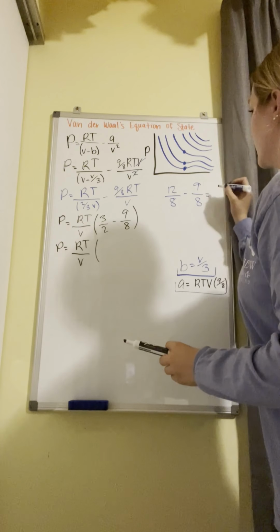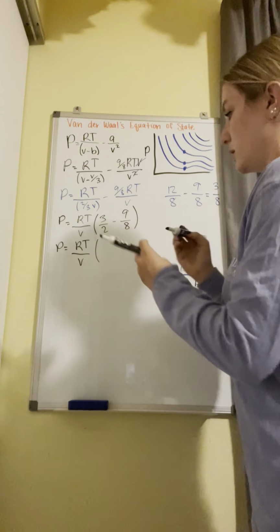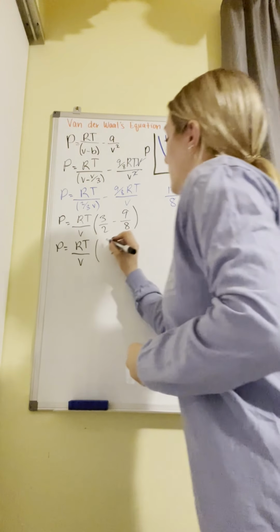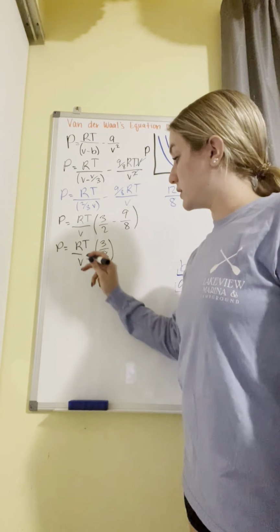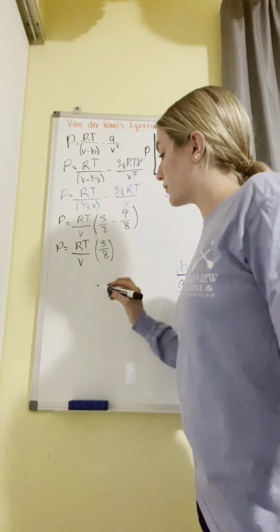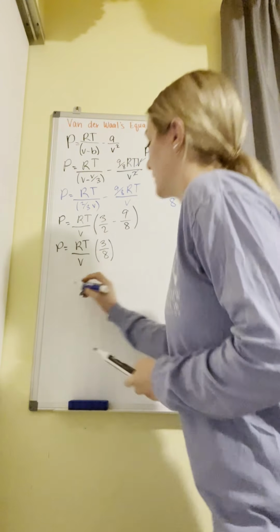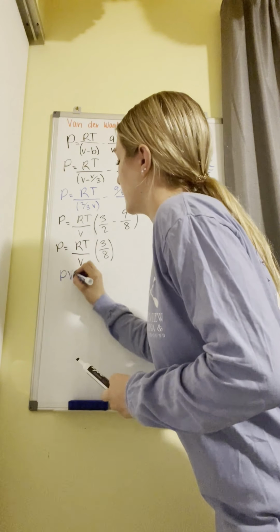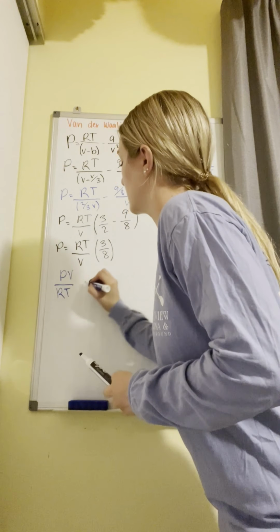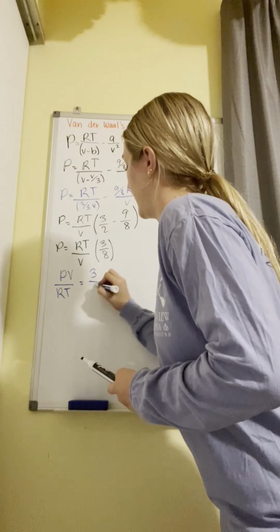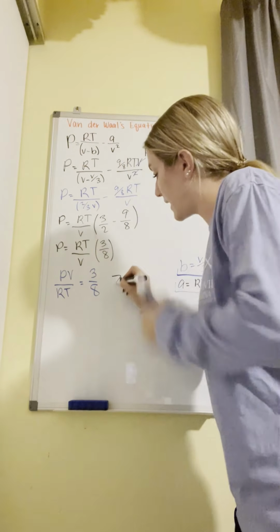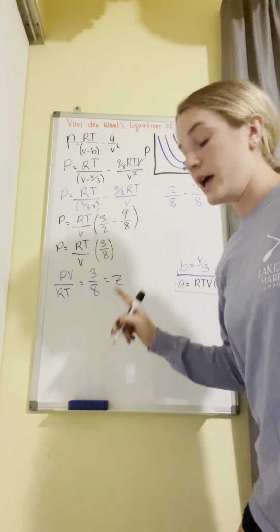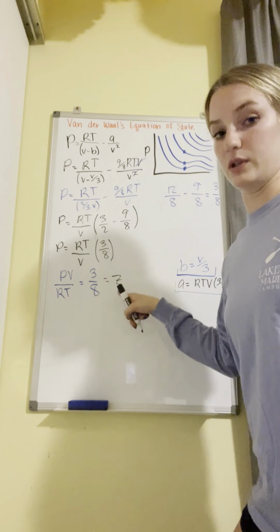So we will get 3/8. So we are going to have this multiplied by 3/8. Now we are going to divide by our RT over V, and we are going to get PV over RT is equal to 3/8. So this 3/8 is actually equal to our Z, and our Z is our compressibility factor.